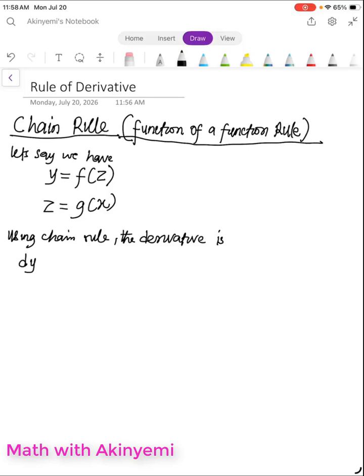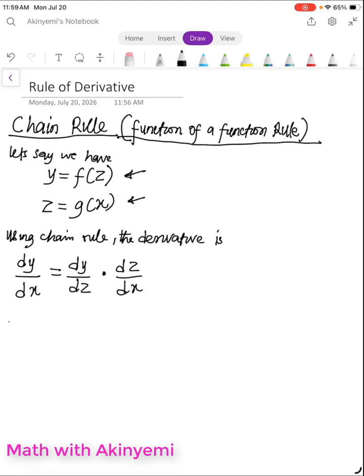dy over dx, which is equal to, so let's look at this. It's like saying this: we have dy over dz multiplied by dz over dx. So what does this mean?